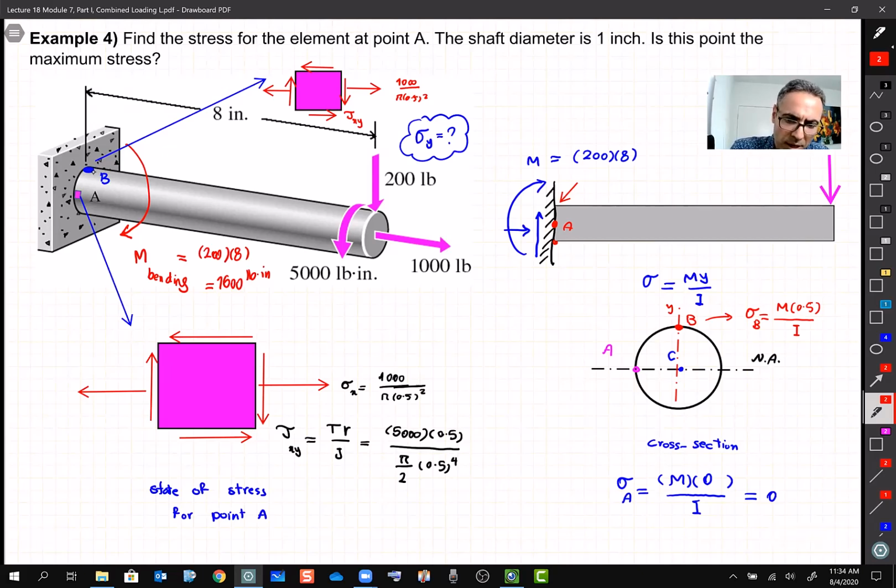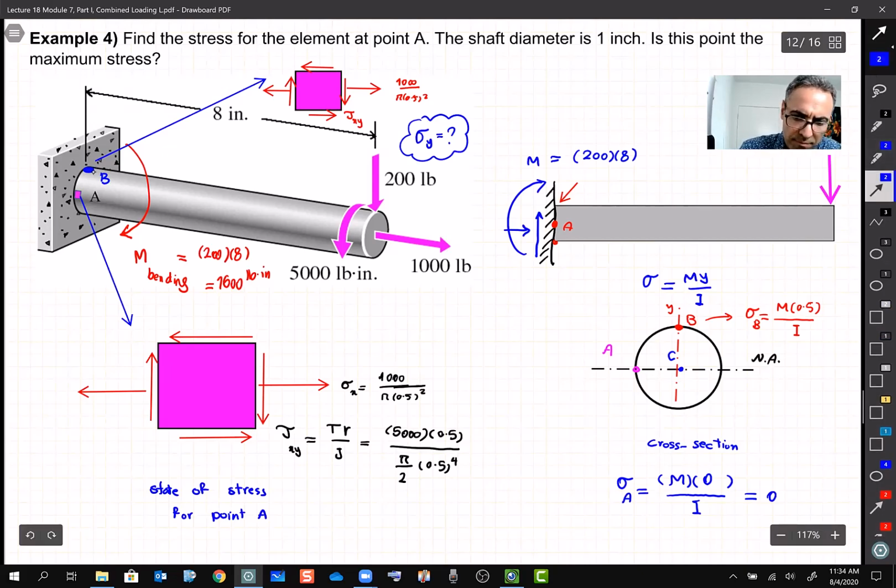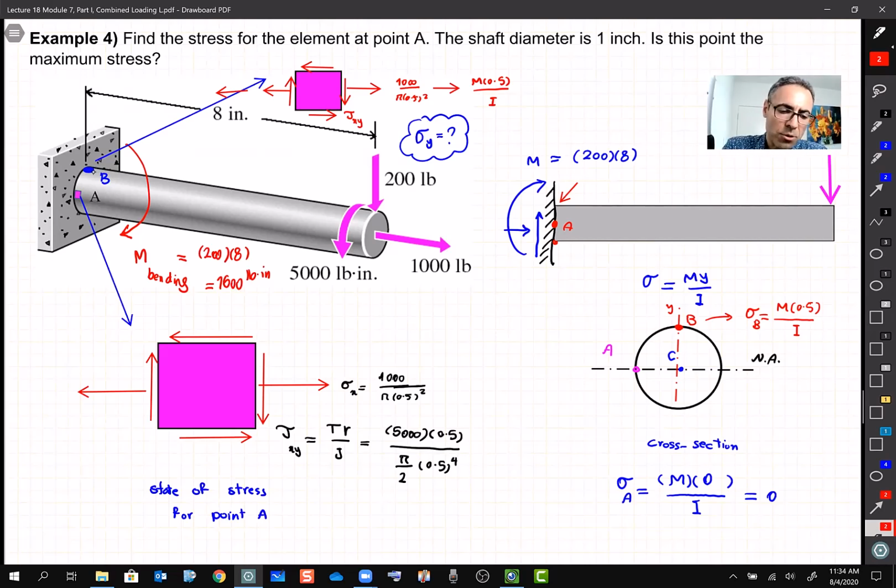So it means I have another stress here, which is going to be positive, and that one, I just write it down there, M divided by I, all right? And these two add together because we have one tension coming from there and another one from there.